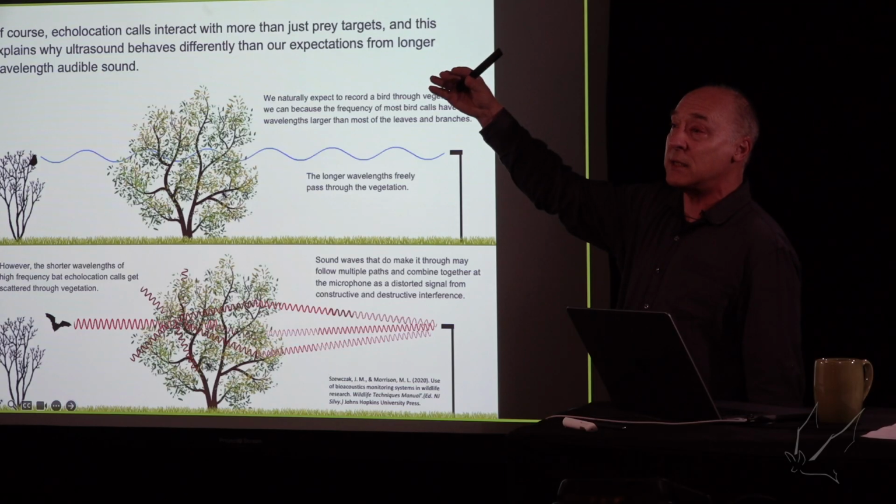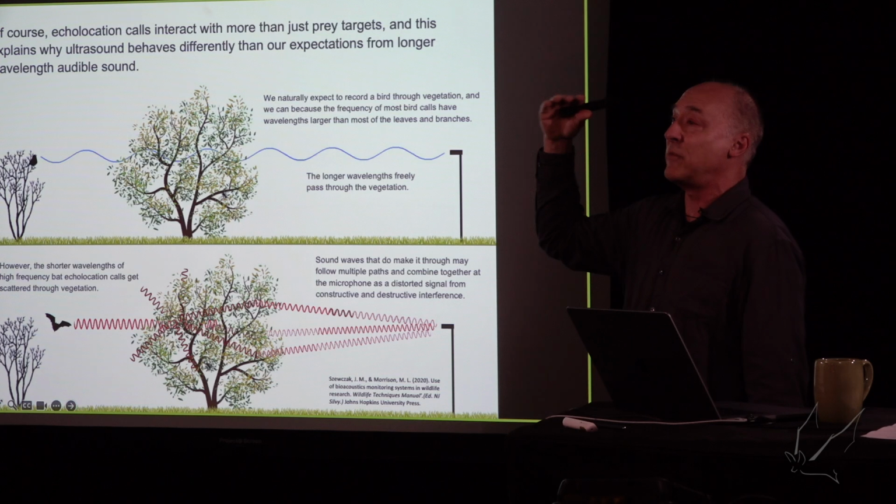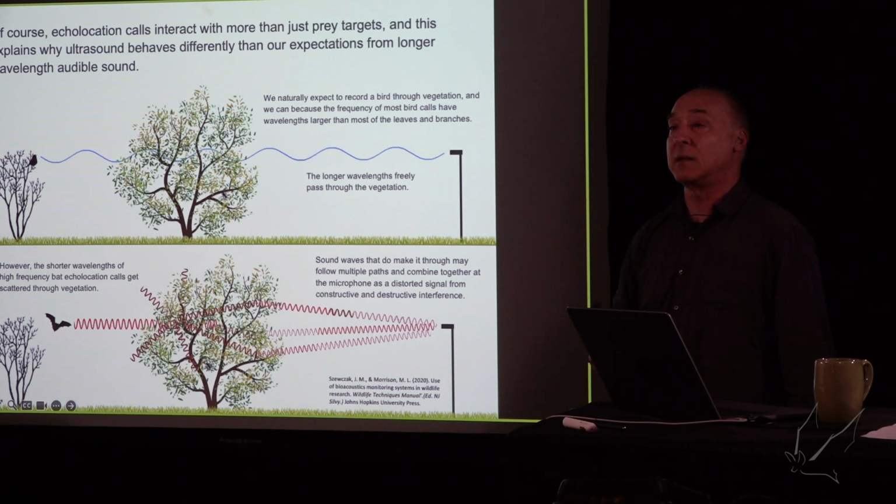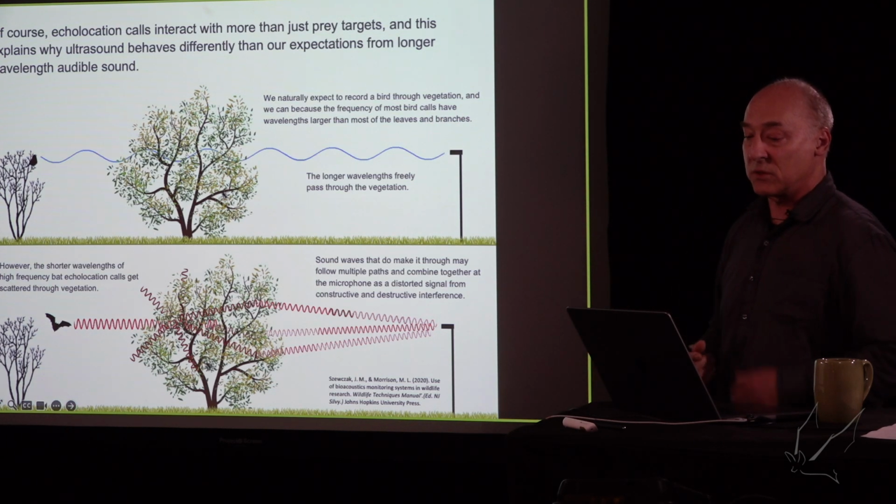So the only way that you're going to be able to get a good, clear, clean signal of bats is to have open airspace between you and the bat. It's not going to be able to filter its way through the vegetation. And that also applies to bats that are flying overhead. If they have to come through a vegetated canopy, then you're going to get distorted signals as well.